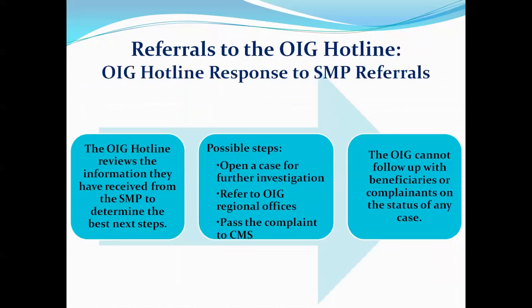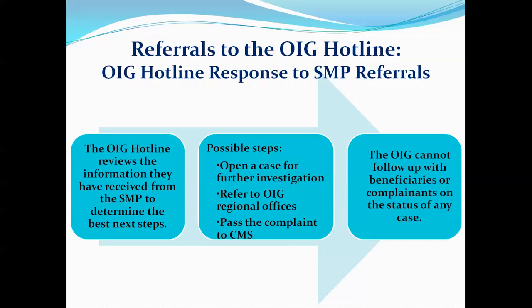Now, keep in mind, referrals to the OIG hotline. The OIG hotline reviews the information they have received from the SMP to determine what the next best steps are. They could open a case for further investigation, refer it to the OIG regional offices, or pass a complaint on to CMS, whatever they may do with it.